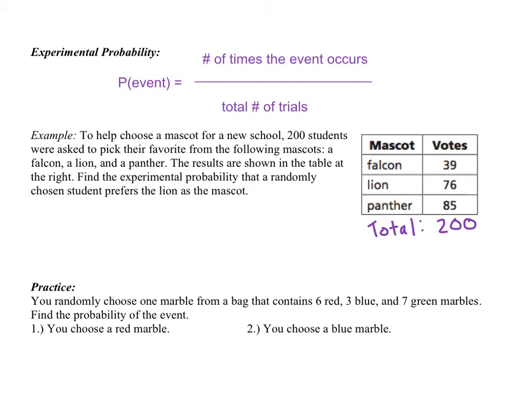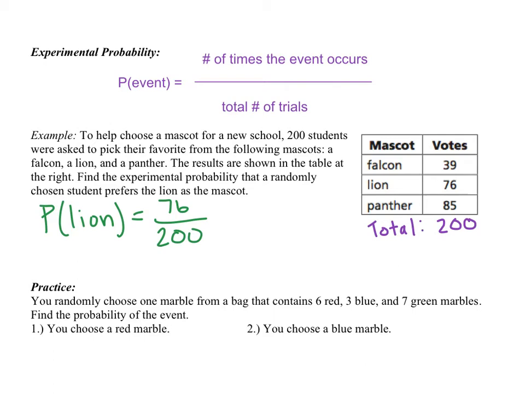So we want to say, okay, what is the probability that a student prefers or likes the lion the best? What's the number of times that someone said they liked a lion? How many times did that occur out of the total number of trials? It looks like 76 people out of the total people asked preferred a lion.